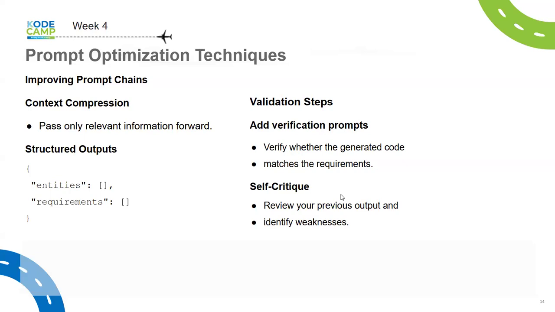So while you are doing prompt chaining, there are optimizations that you can carry out, right? The first one, like we talked about, is context compression. I've already mentioned this. You don't need to pass in everything that came from the previous prompt or the entire output. You can compress, and pass only the relevant information forward. That's what makes it easy, because if you did not split into smaller steps, the large language model would have to deal with a lot of information, a lot of context, right?